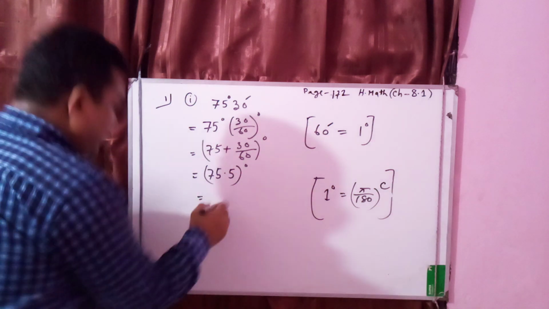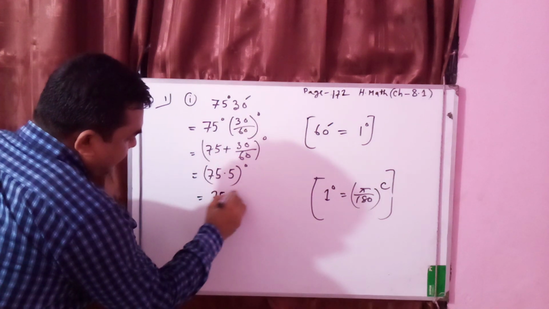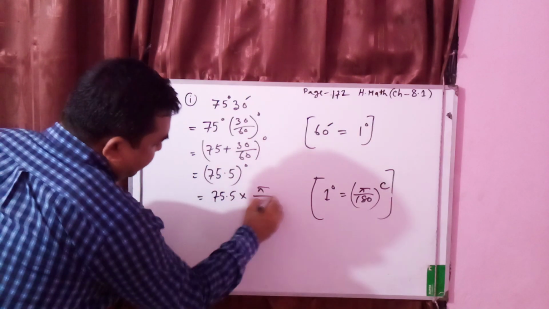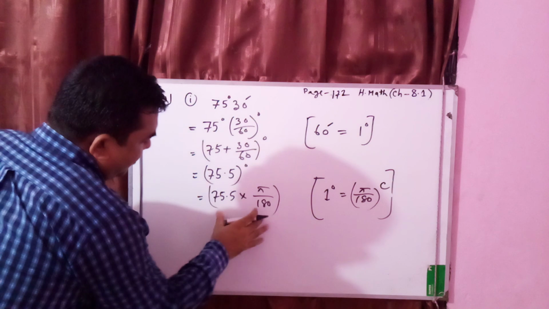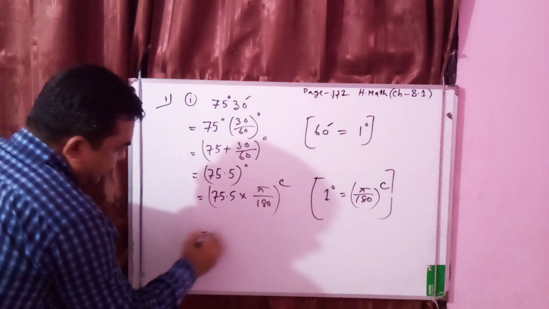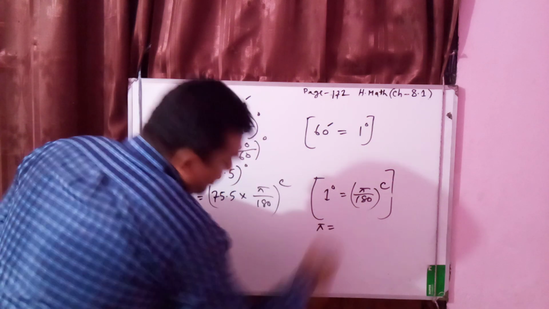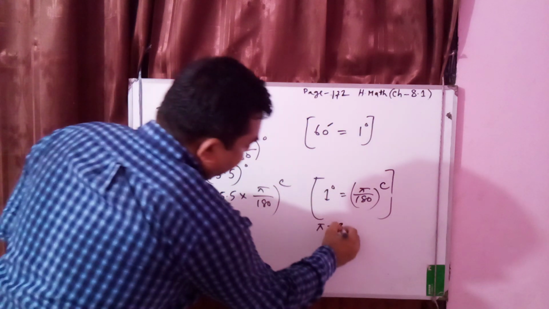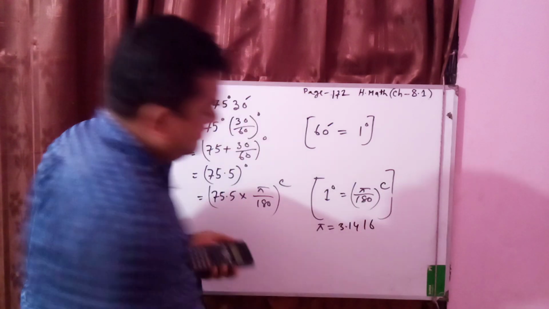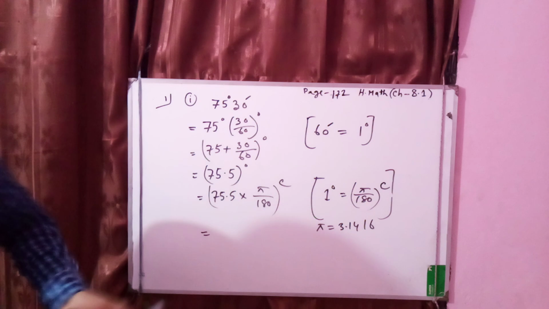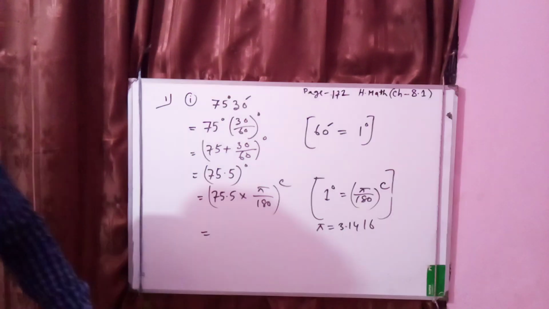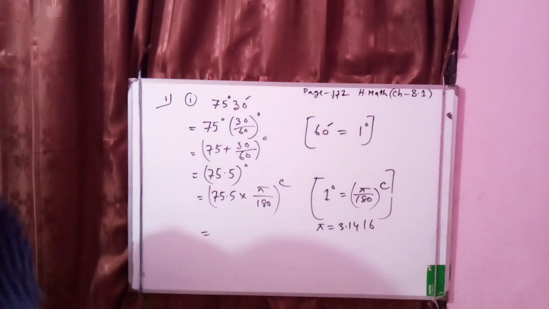So 75.5 degrees we convert to radian by multiplying 75.5 by pi divided by 180. Here pi equals 3.1416.